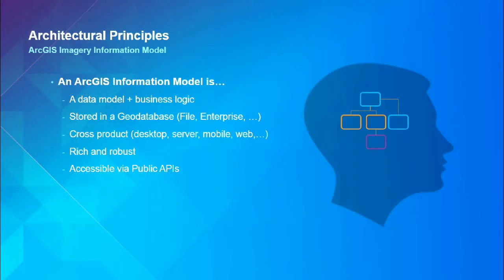Okay? Next up is, now that we're thinking about this, what are the actual principles that we base our development on? And why is the model the way it is? Well, it's based on these key principles, which is we always have an information model.